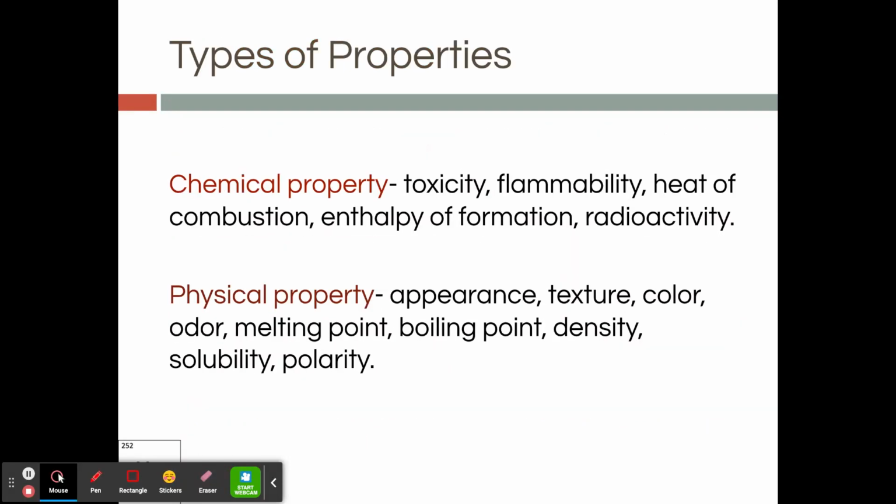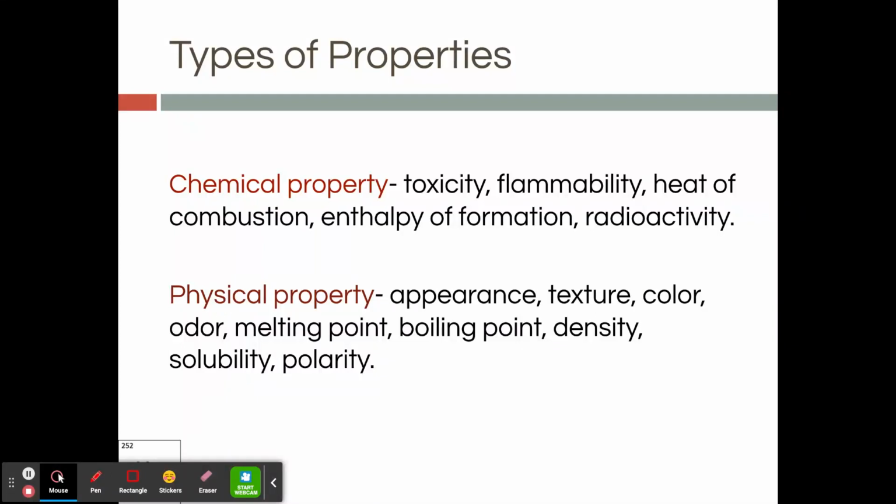All right, so getting into our two different types of properties. We have chemical properties and physical properties. Chemical properties will cover aspects such as the toxicity level, the flammability, heat of combustion, heat of formation, is it radioactive? Physical properties are going to be your appearance, texture, color.